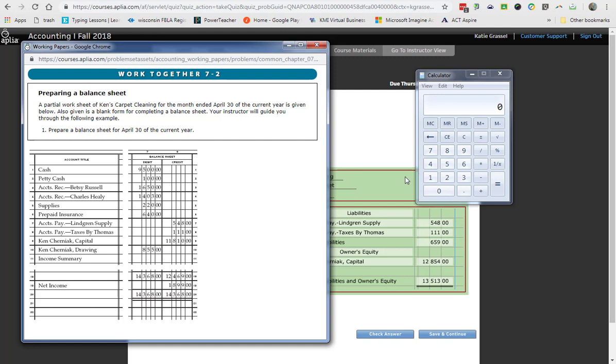You see it right there? So I'm going to put that in there. And then I'm going to add my net income of 1899 from my worksheet. Now I have to subtract my drawing. So subtract 855. Minus drawing, yes.